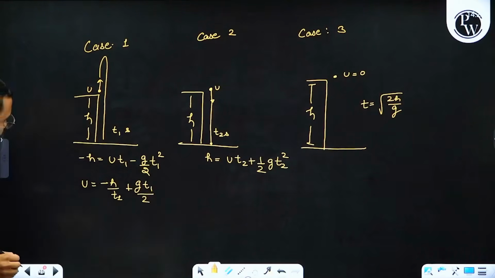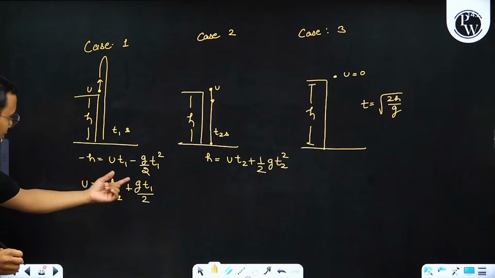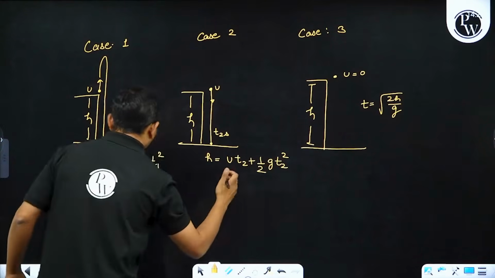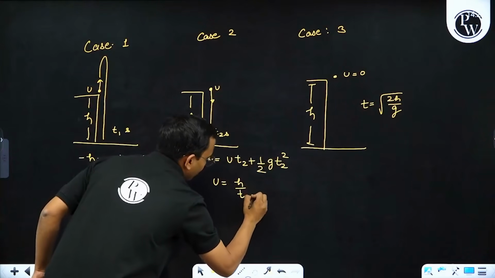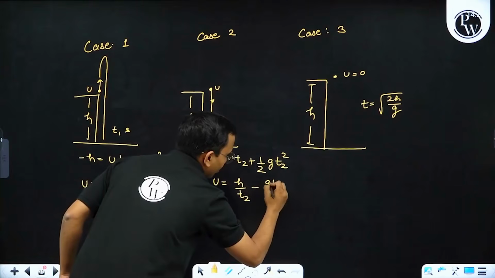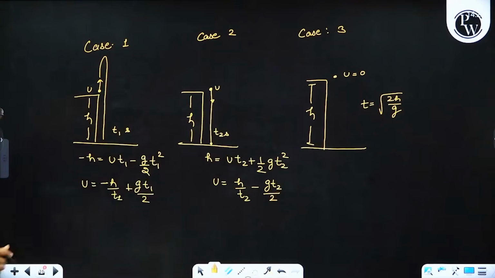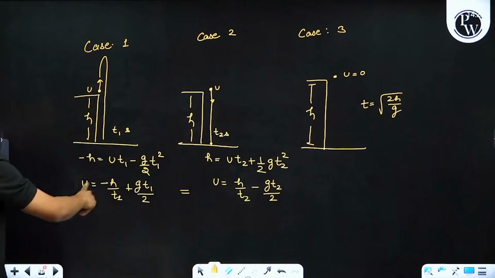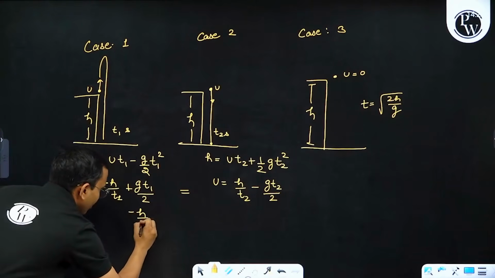Is it right? Now if I write u from here, h by t2 minus g t2 by 2. Perfect. Equate the two because u and u.